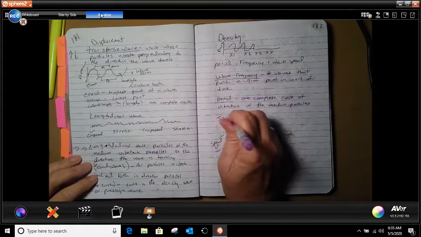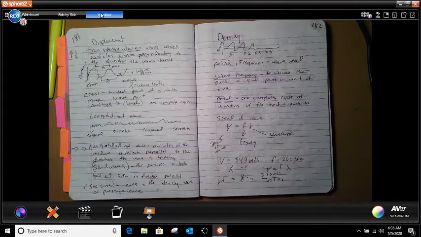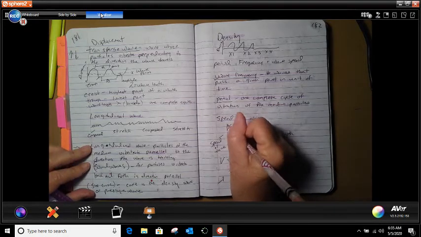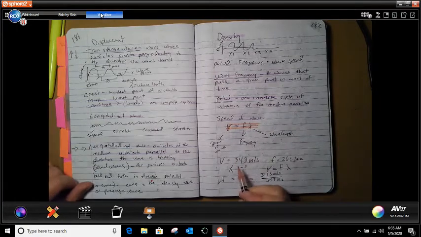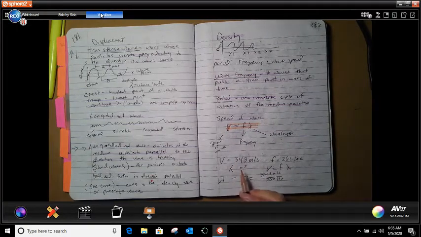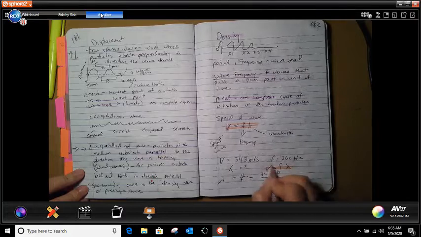And then our speed is going to be v = f × λ, which is our formula.